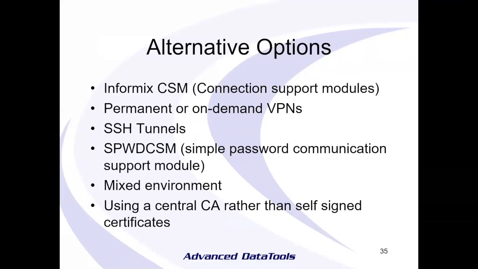Another way that a lot of customers deal with it is using a permanent or an on-demand VPN, where basically anytime data is flowing from point A to point B, there's a VPN connection. If you do that, it means everything in transit is going to be encrypted. If you're dealing with older hardware, you can have a software-based VPN or you can have a hardware one.